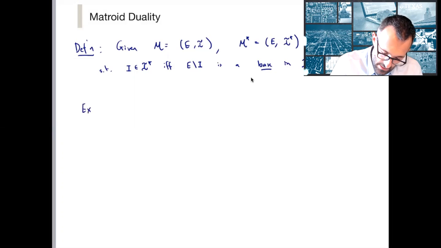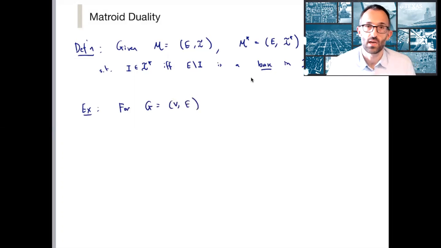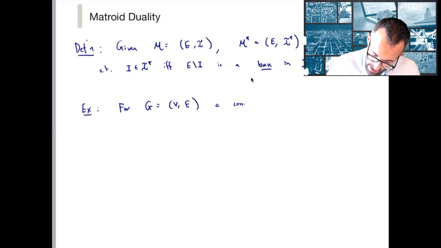As an example of this, consider a graphic matroid, for G a graph with nodes V and edges E, say a connected graph.